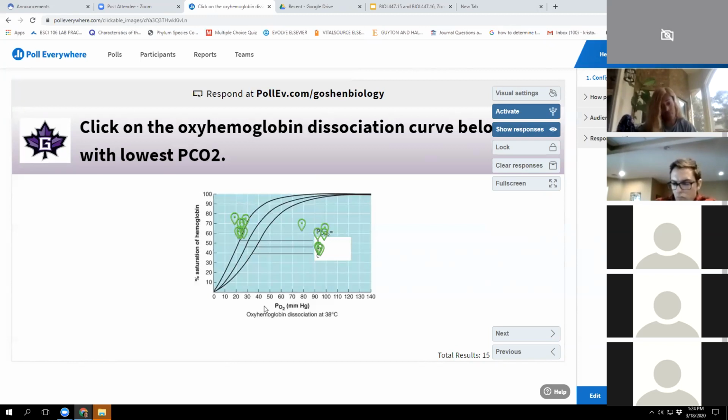So for example, in these curves, if you keep the partial pressure of oxygen at 40, the one that has the most loading is curve A. That's the most loaded, or the least unloading, right, would be curve A. So this one represents the one that would be mostly loaded. So the answer is A. If we increase the CO2 levels, we shift the curve to the right, and this would be the highest over here.